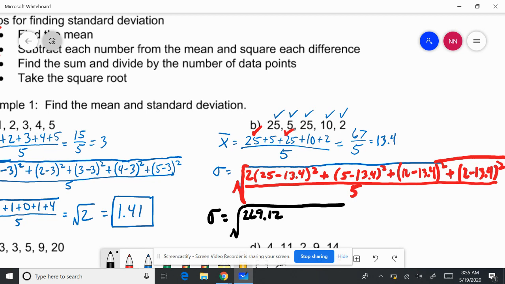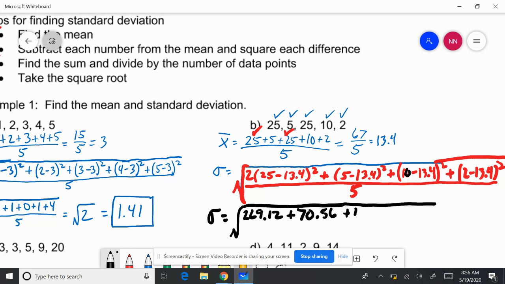So I'm going to go 5 minus 13.4. I'm going to square it, and what I get is 70.5. Then the next one, I'm going to take 10 minus 13.4, and I'm going to square it.